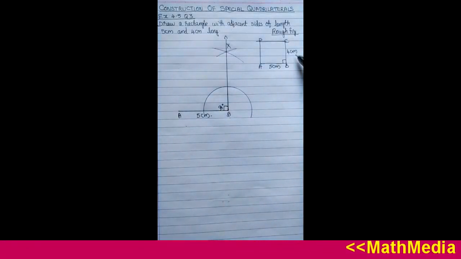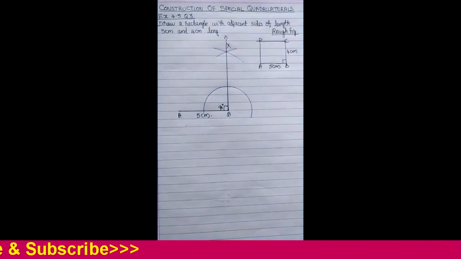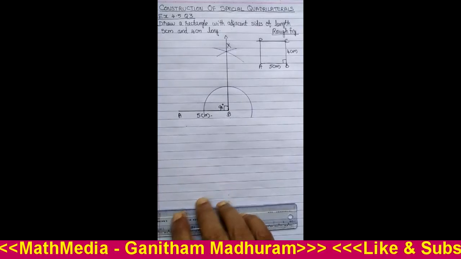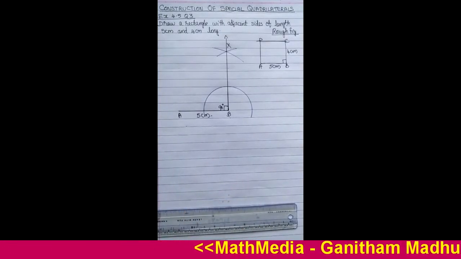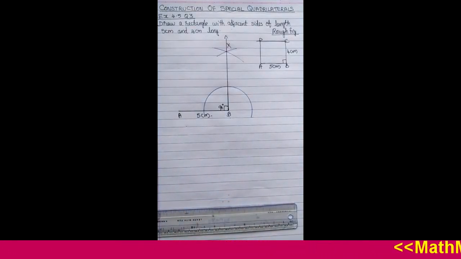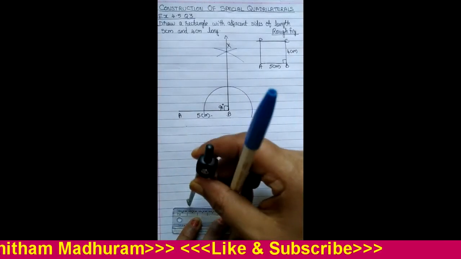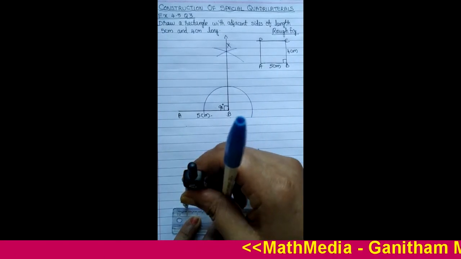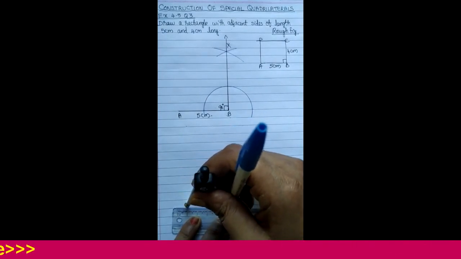The adjacent side is given as 4 cm long. So to obtain point C we can take a 4 cm radius and draw an arc with the center B. First of all you can take 4 cm in the compass.